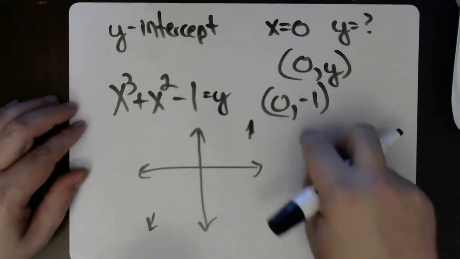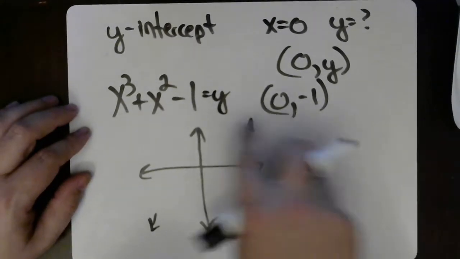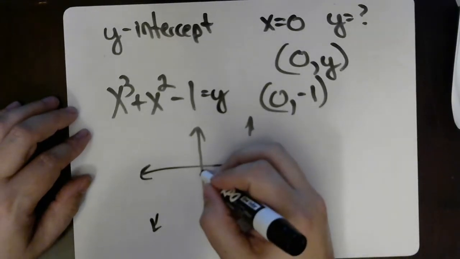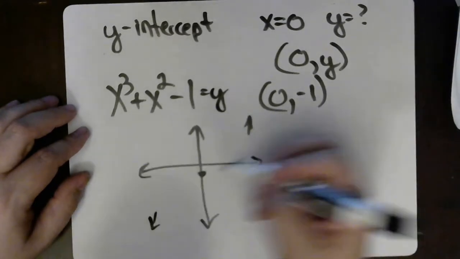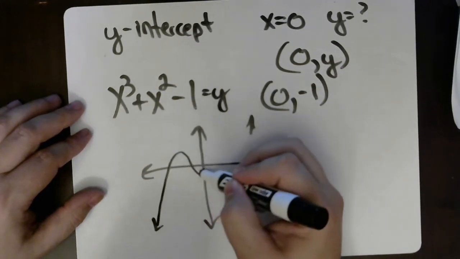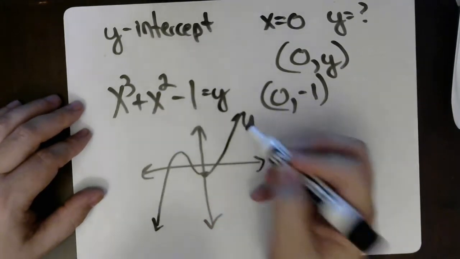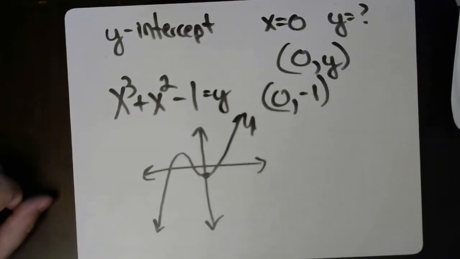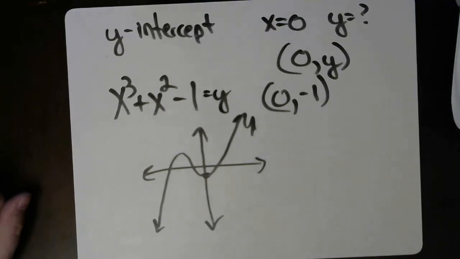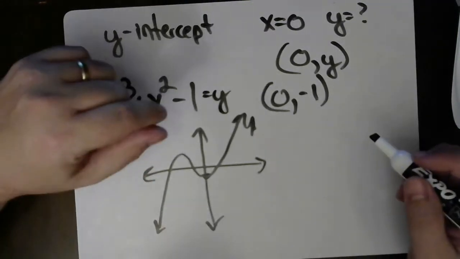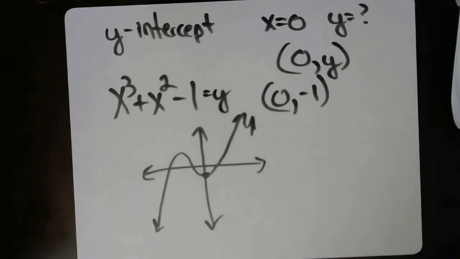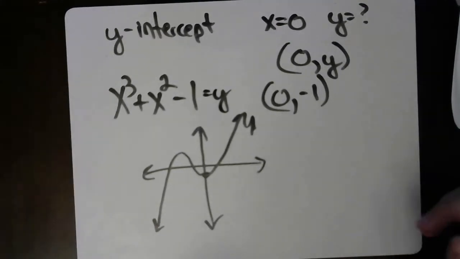Now, we also know that it has to go through 0, negative 1. So it has to go somewhere about right here. So that means that during our trip, 1, 2, that has to work. Again, we don't know a ton, but we do know at least that it goes right there. Okay, that's all we know.